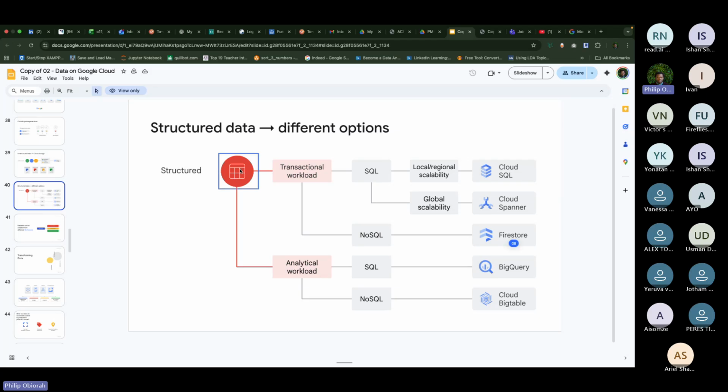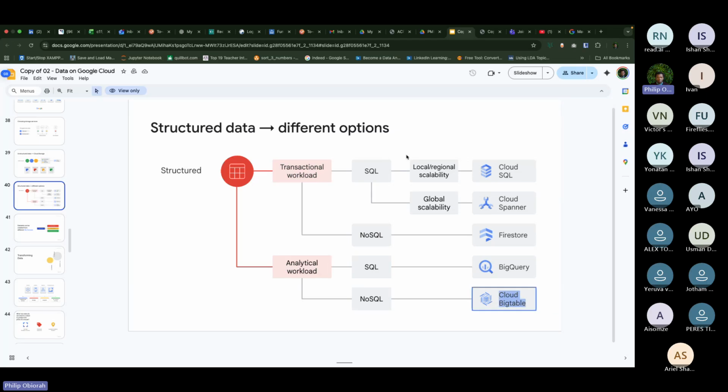If our data is structured, but it's an analytical workload, meaning it's not used for immediate transactions, maybe we just want to have it in BigQuery so that later on different data analysts can create dashboards from it, then we know it's an analytical workload. We store it in BigQuery. Now, if it's structured, analytical, but NoSQL, the best option for you is Cloud Bigtable.